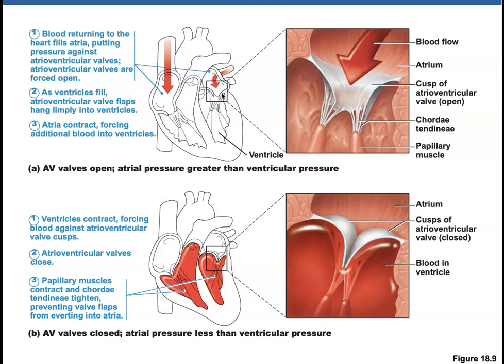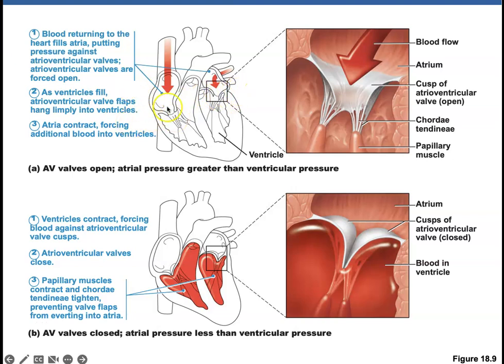We're going to go through that in a little bit. But it's very important that you understand that the left side isn't waiting for the right side to get the blood to it, because it doesn't do that. If that happened, we would be passing out every other beat because we wouldn't be getting oxygen to the brain. And so that blood returns simultaneously to the left and the right side.